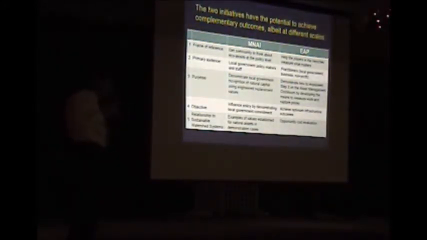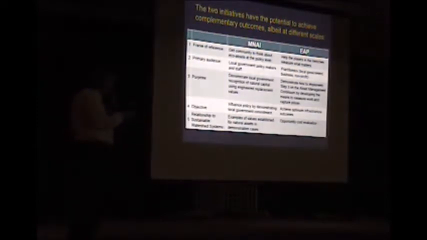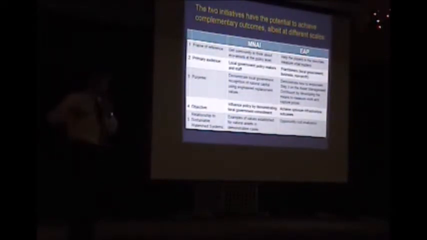In terms of the primary audience, MNAI targets the policymakers and obviously local government staff. With EAP, it's the practitioners, whether they be local government, business or nonprofit. The purpose of MNAI is to demonstrate local government recognition of natural capital using engineer replacement values, and get a fundamental shift in thinking in a very short period of time.